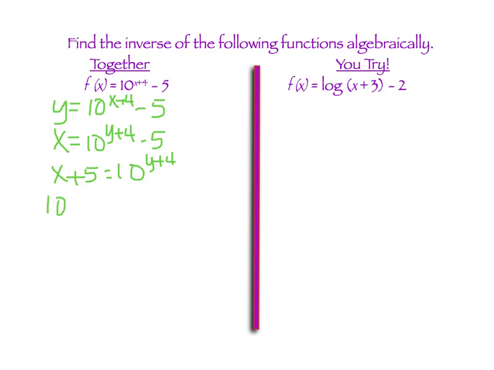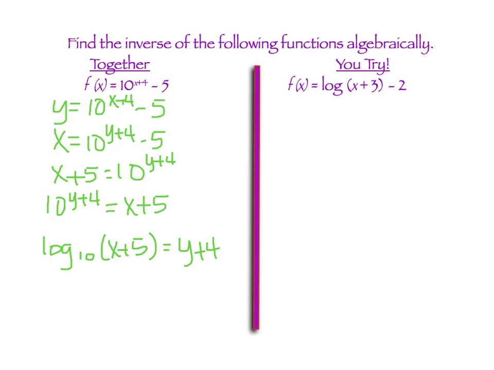So we're going to put 10 to the y plus 4 in front of the equal sign and then x plus 5 after the equal sign. Now we can write this easily as a log function. So we will have the log base 10 of x plus 5 is equal to y plus 4.